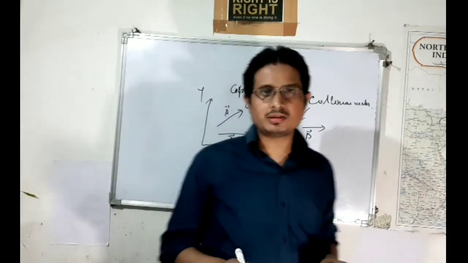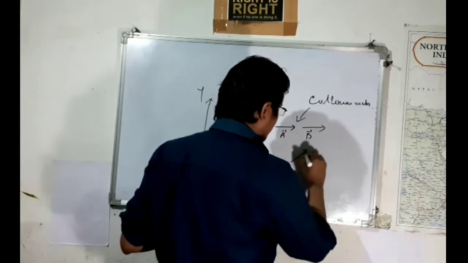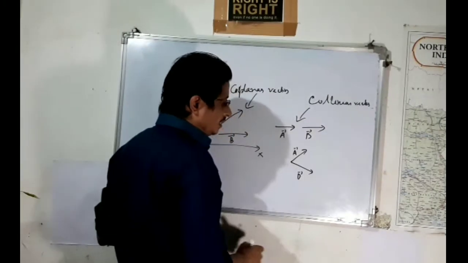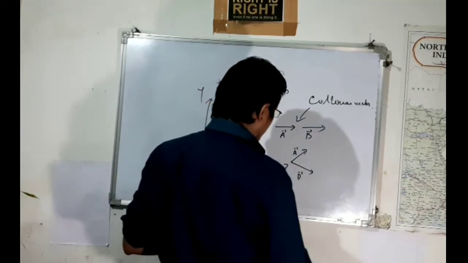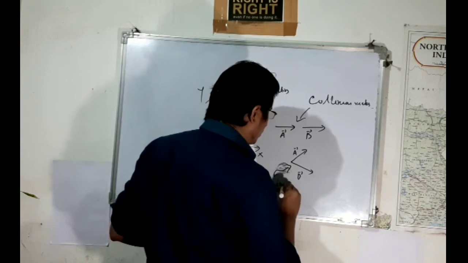If two vectors, suppose A and B, start from the same point, then these kinds of vectors are known as co-initial vectors.